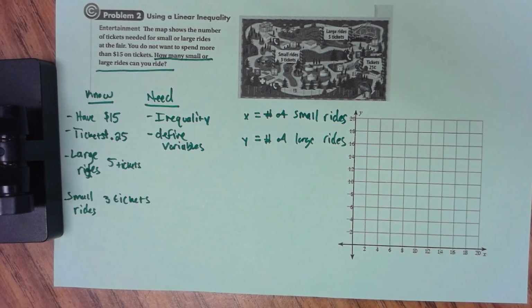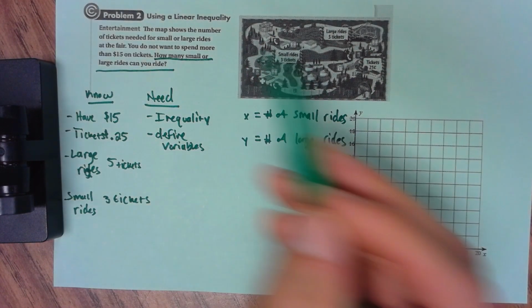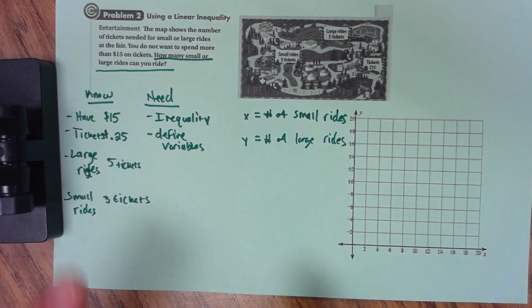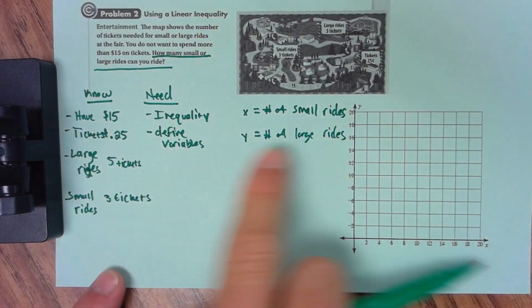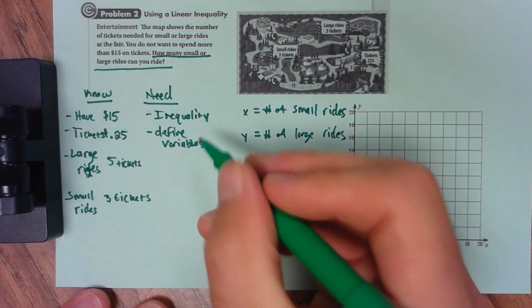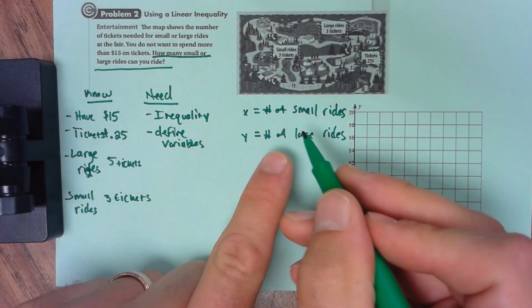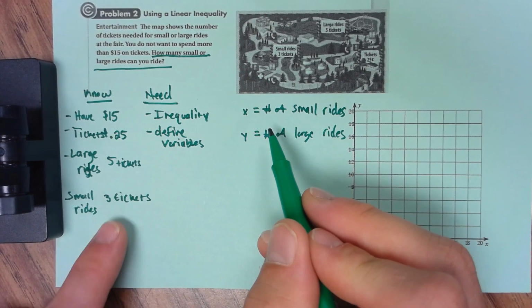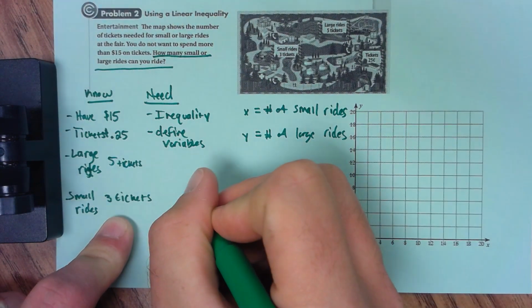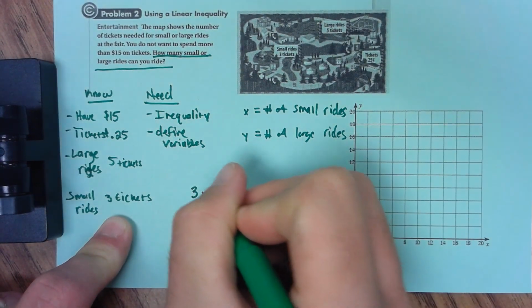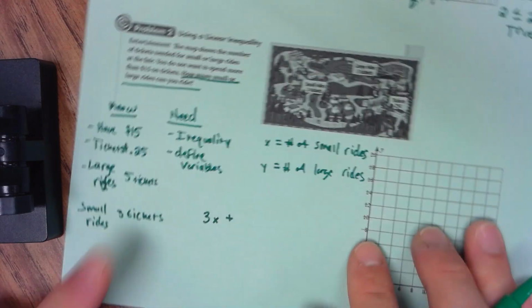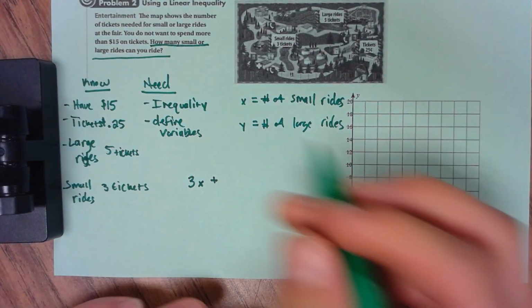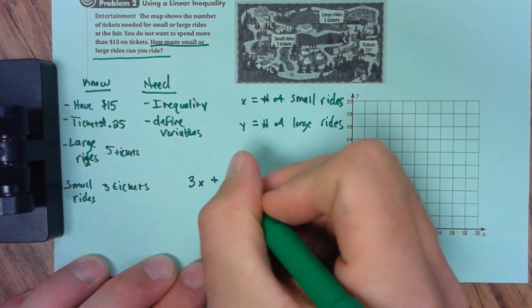And so now I've got a bunch of information pulled out of the word problem. Now I'm just going to use this list to work on building this inequality. We've defined the variables. So now I'm like, okay, what do I know about each variable? I know that small rides cost 3 tickets, so 3x, plus the 5 tickets, so 2y.